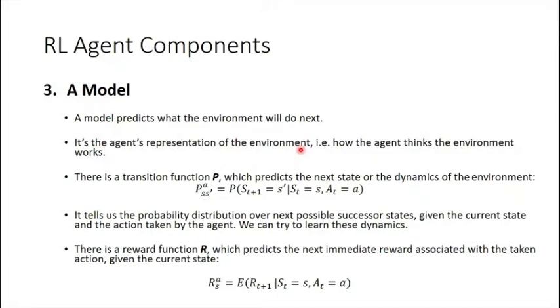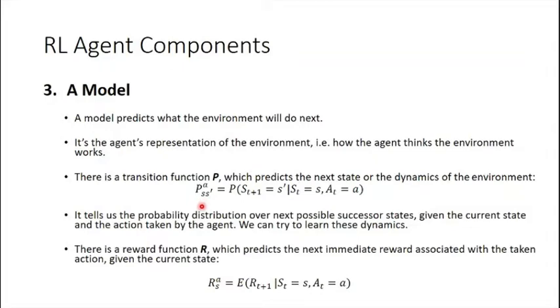Because the agent cannot be completely unaware of the environment. If it cannot see the full environment by itself, it has to create an internal representation of what it feels the environment is like. So that is what the model does. The behavior of the model is such that there is a transition function P which predicts the next state.